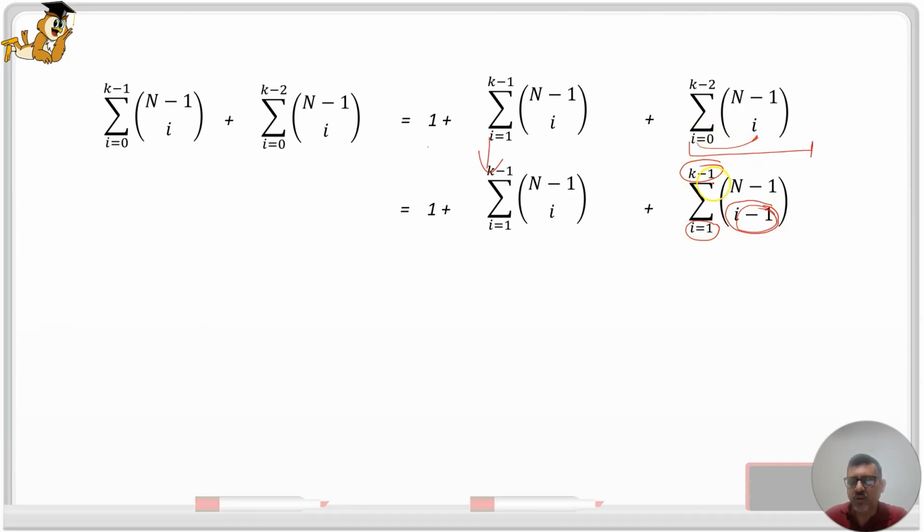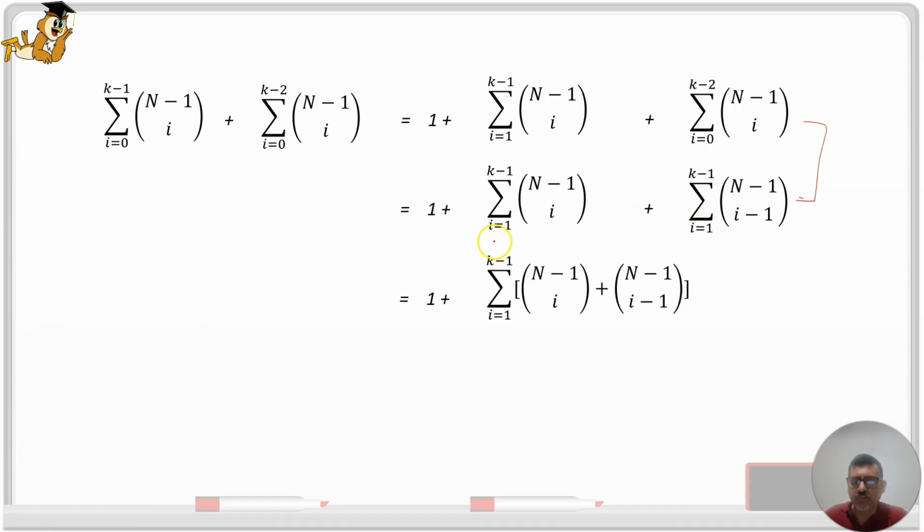And when i equals k minus 1 over here, this would be k minus 2, which is the same thing as having k minus 2 over here. So I have just changed the index of summation, making the corresponding change in what is being summed. So this is exactly equal to this; the only change is the index of summation.